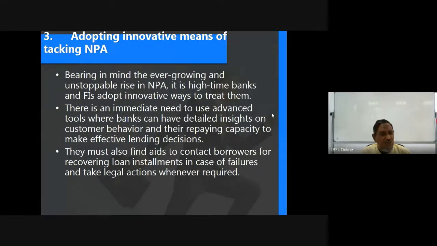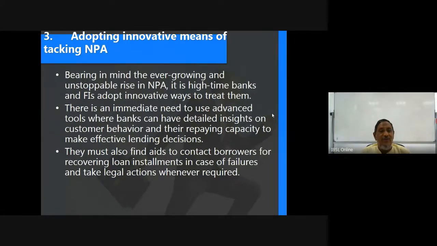Use advanced tools where banks can have detailed insight on customer behavior and repaying capacity to make lending decisions. Decisions have to be based on proper analysis and appraisal.